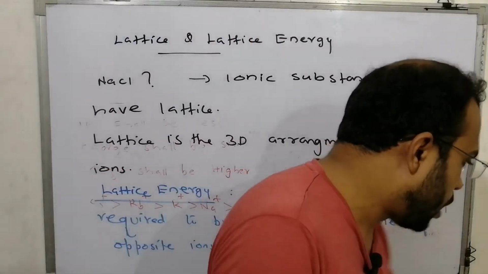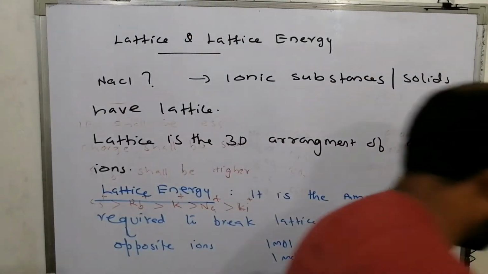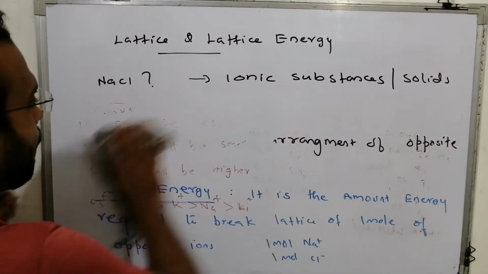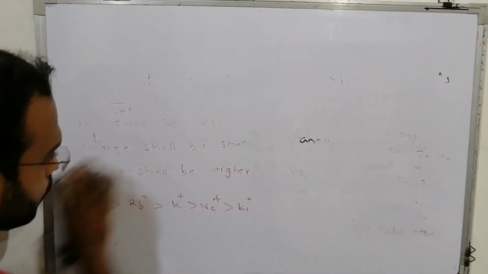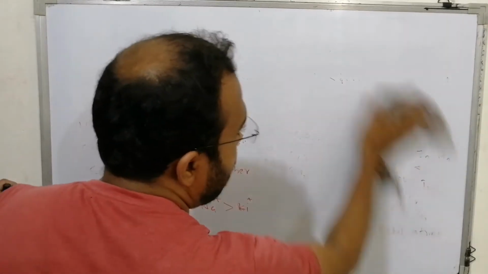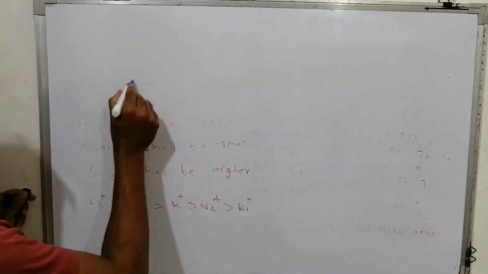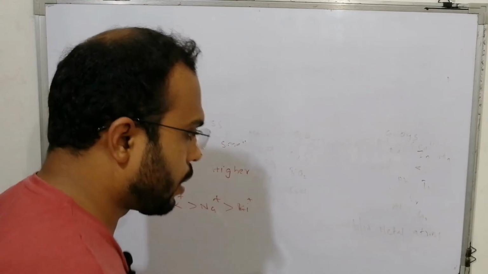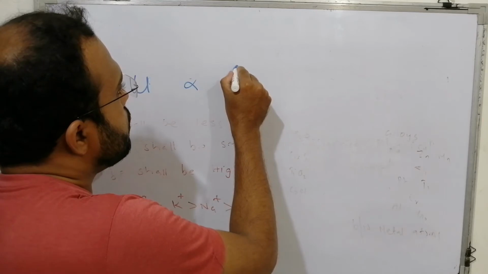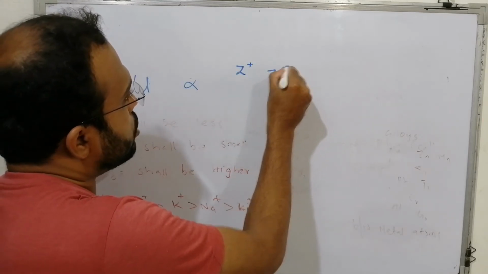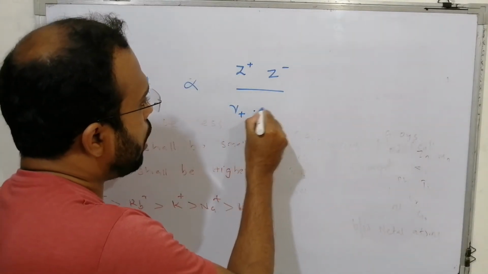Lattice energy is calculated by the equation: lattice energy U is directly proportional to Z plus times Z minus divided by R plus plus R minus.